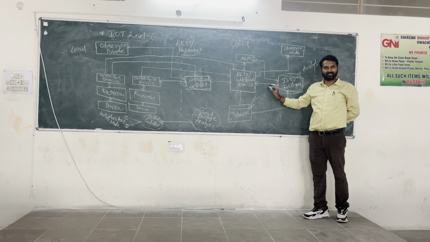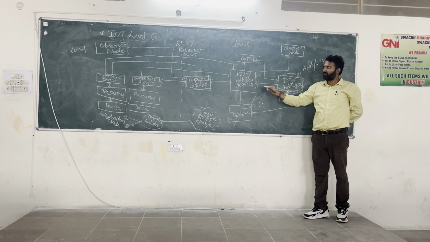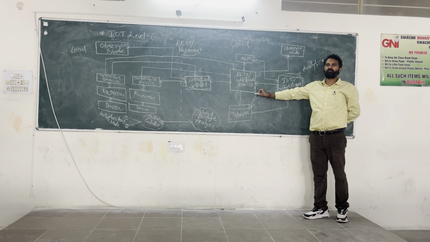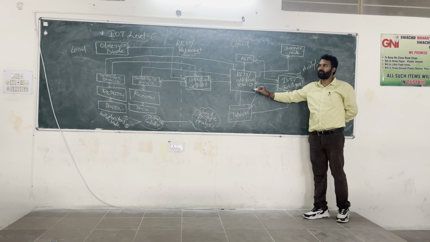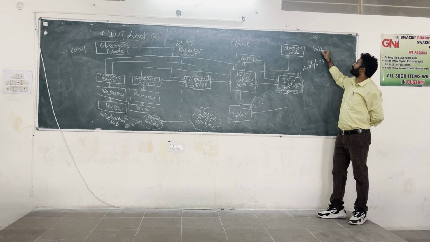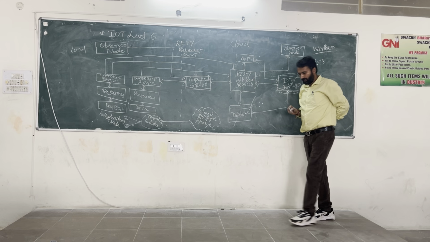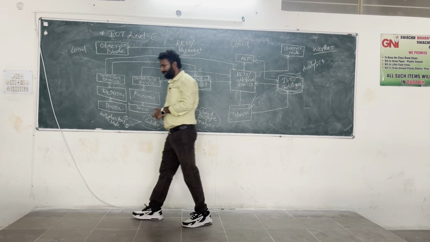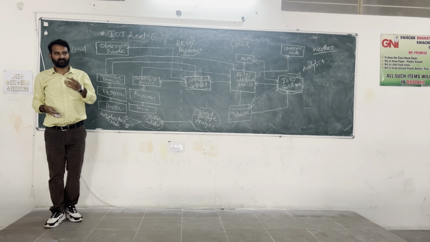Now, one of the real-time examples is the weather monitoring system. For this IoT level 6, a proper real-time example is weather forecast or weather monitoring system. The weather monitoring system consists of so many sensors.